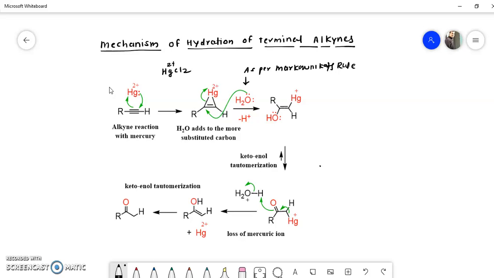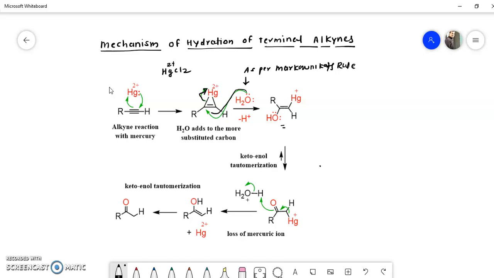Okay, and there is a formation of this intermediate, that is stabilized by resonance structure in this way. See here, as soon as this water molecule attacks this carbon, this bond will shift here.